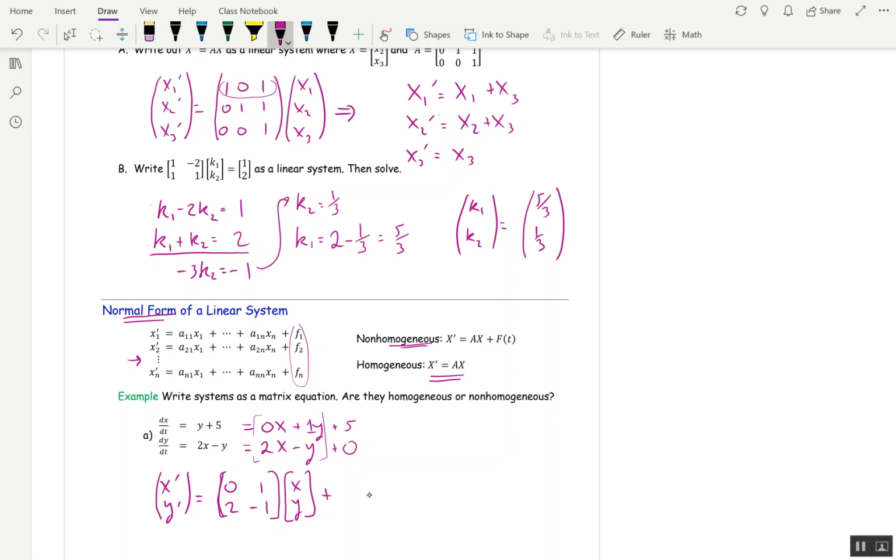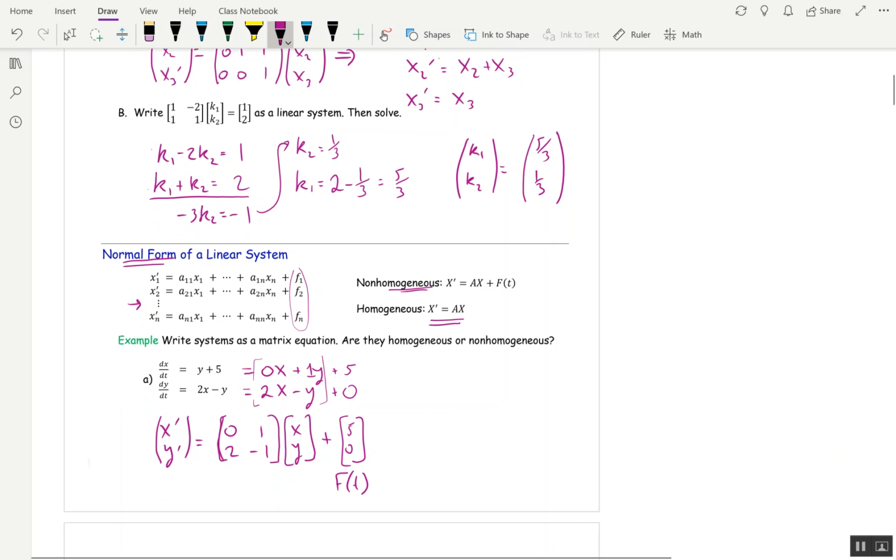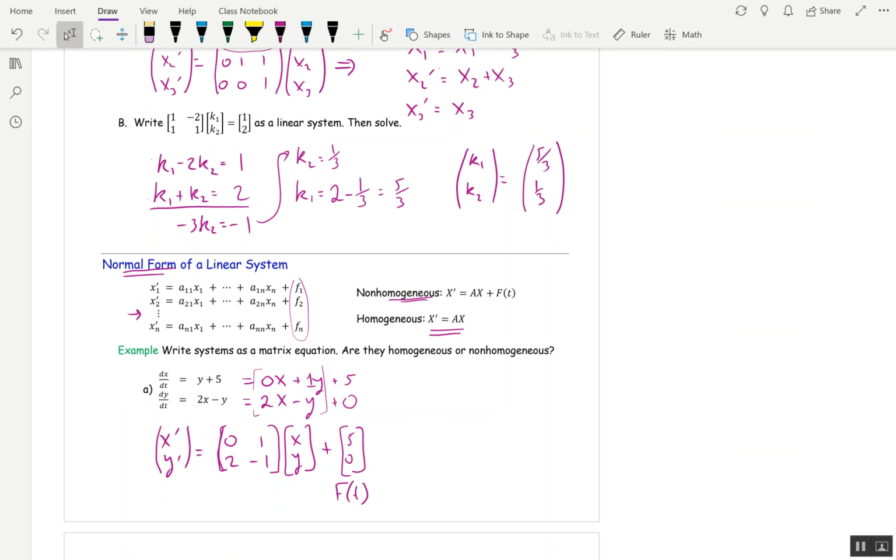All right, and then the f of t vector is 5, 0. That's the part that doesn't involve an x or y. So this would be my f of t. It happens to not have any t's in it. It's a constant vector, but that's okay. It still is the part that doesn't involve an x or a y. So this is non-homogeneous because the f of t part is not 0, 0.